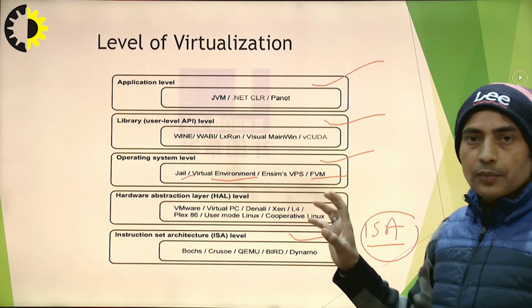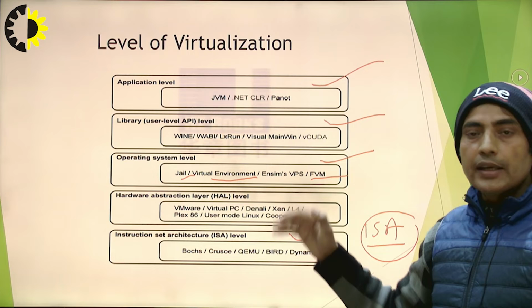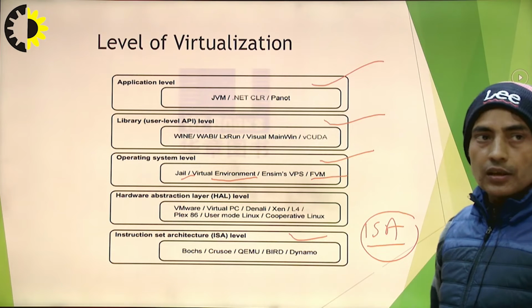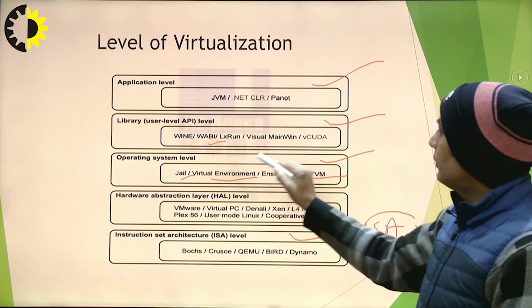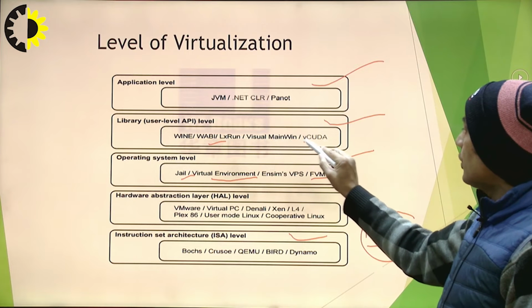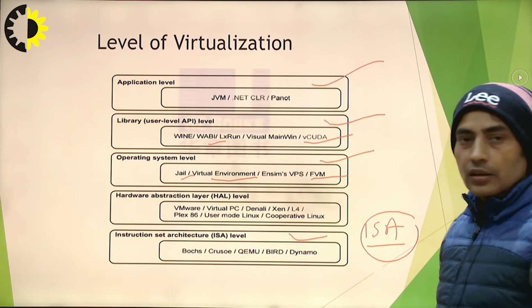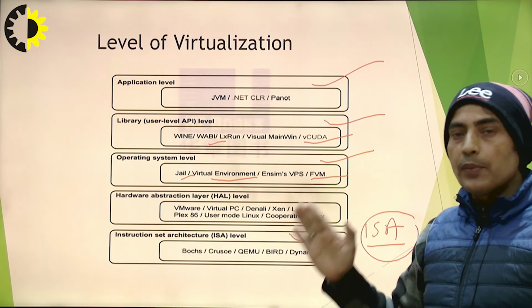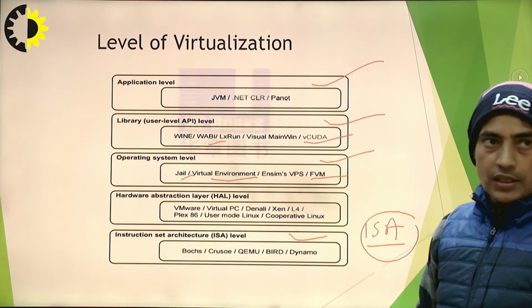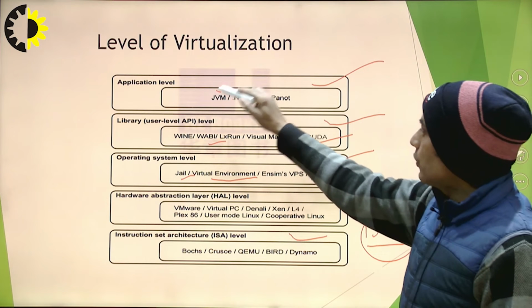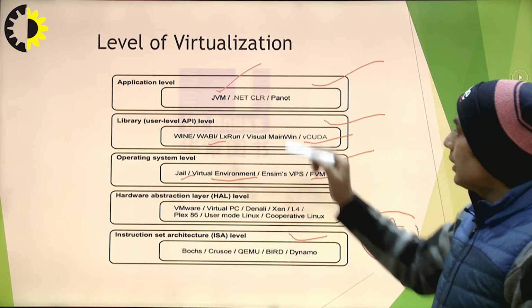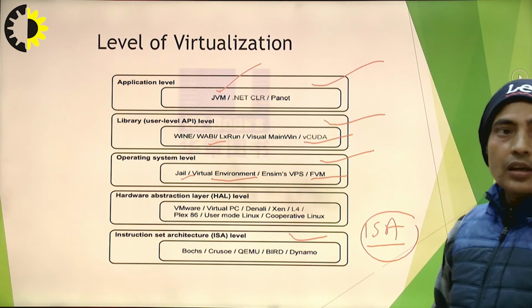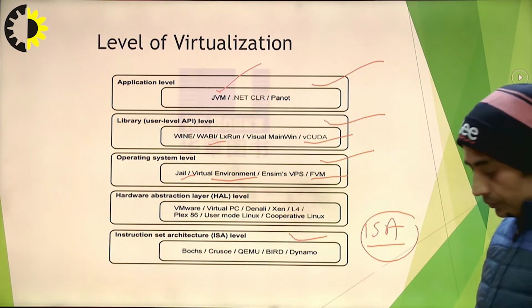All these are products using operating system level virtualization. Then Wine, WABI, vCUDA: all these are products using library or user API level virtualization. And the JVM, Java Virtual Machine, and .NET CLR are using application level virtualization.